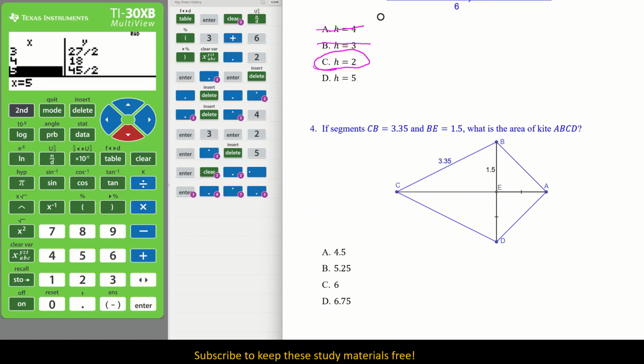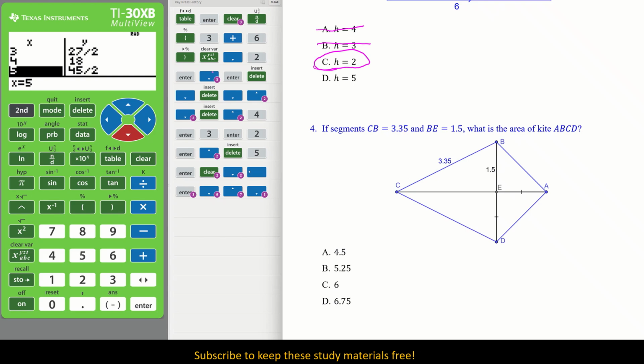If segments CB equals 3.35 and BE equals 1.5, what is the area of ABCD? That means the whole kite. Now there are some properties of kites that we need to know, and they kind of helped us out. They did clue us in to some congruency.